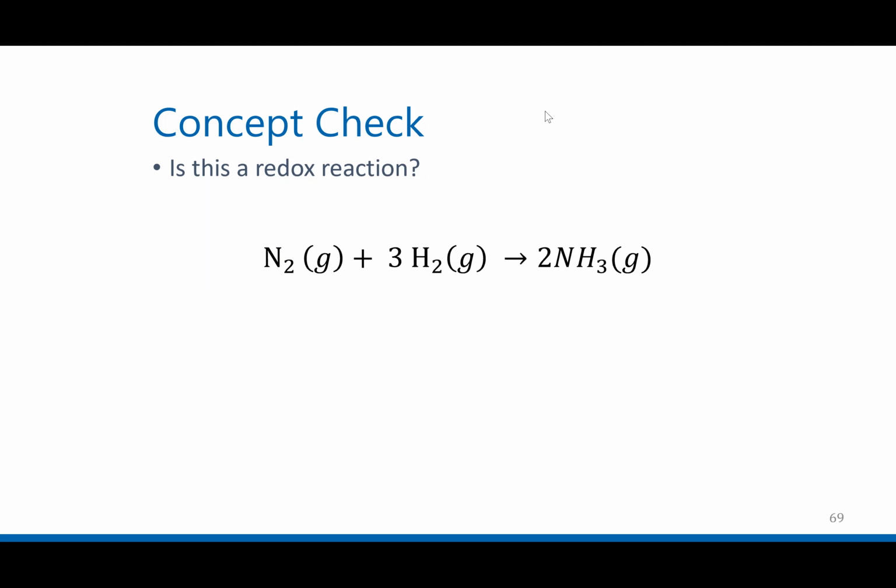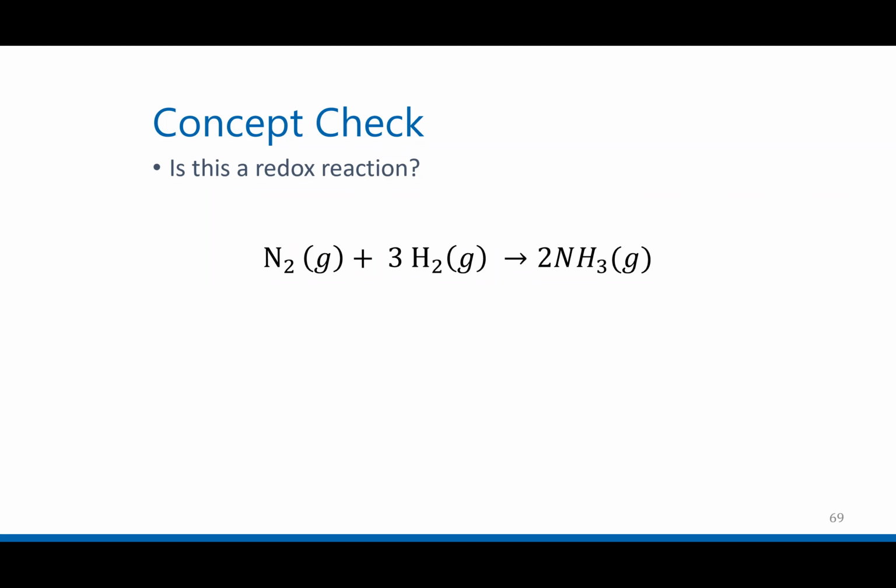Okay, so let's do this question. Is this a redox reaction? There's one step here, basically. We just need to find the charges on all of these elements, the oxidation states would be the fancy term. If the charges or oxidation states change, then it's a redox reaction.